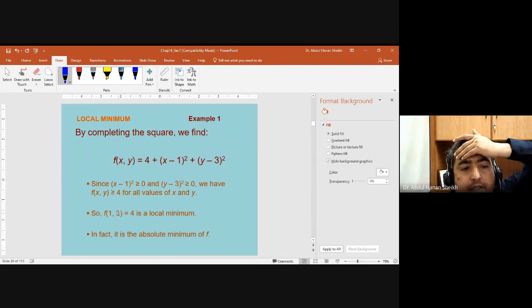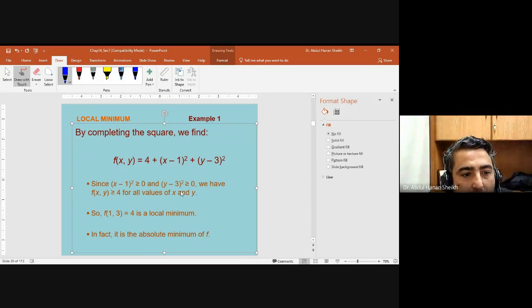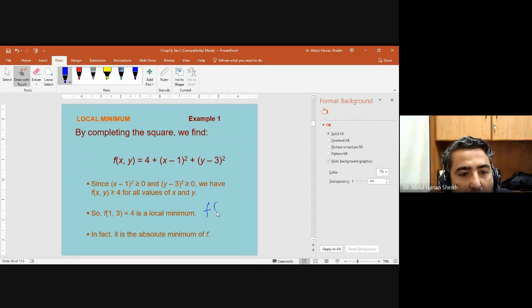So if you plug in this point 1 and 3 into this function, let me explain in a different way. f of 1 comma 3 is 4, and f of x comma y is greater than or equal to f of 1 comma 3, which is equal to 4.